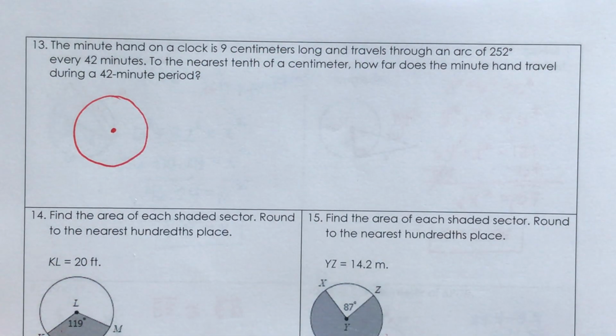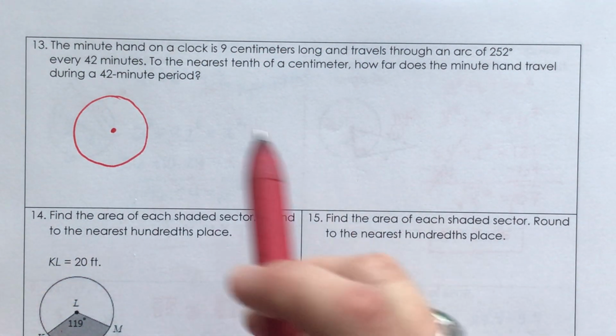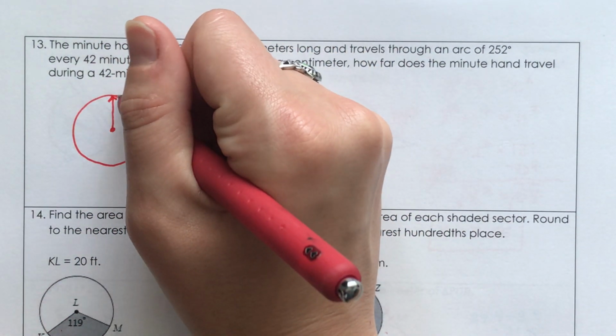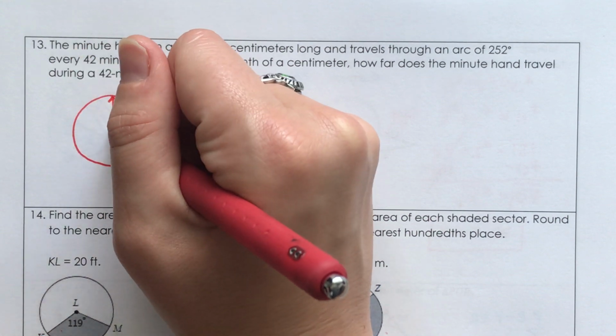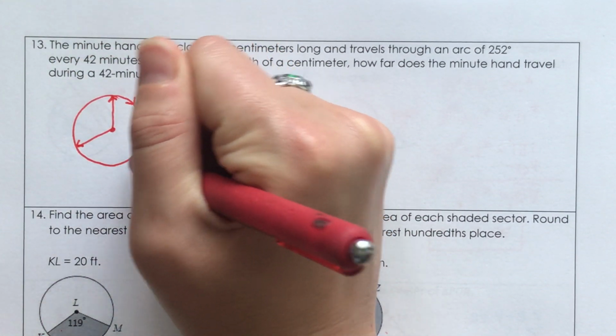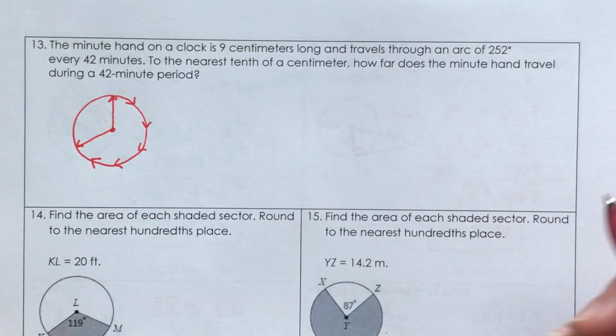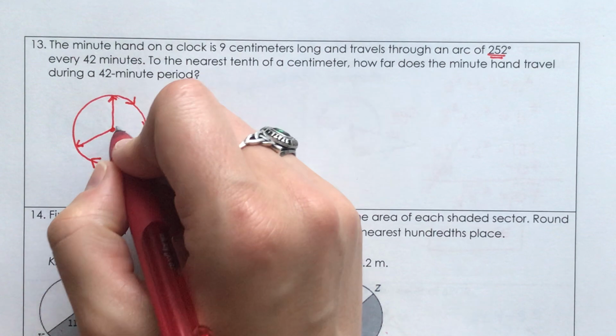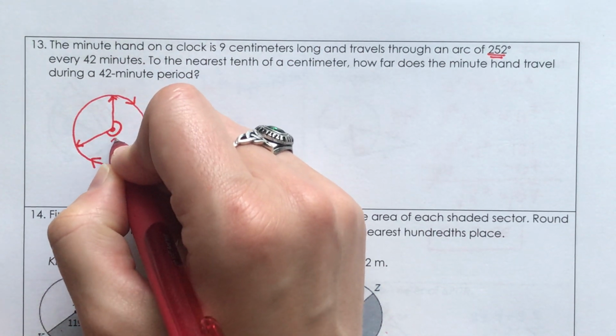If I am traveling 42 minutes, here's where I would start. I'd go all the way around. That's 45. That right there, if I'm traveling this way, is about 42 minutes, which is 252 degrees.